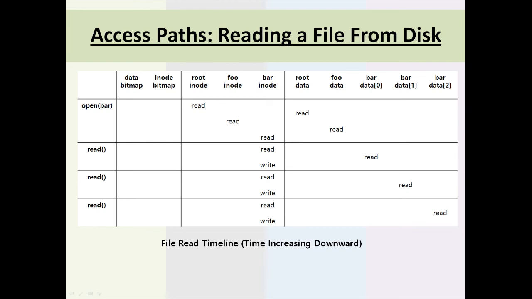So the first read will thus read in the first block of the actual file. Okay. And that is as a result of the inode that we found over here.